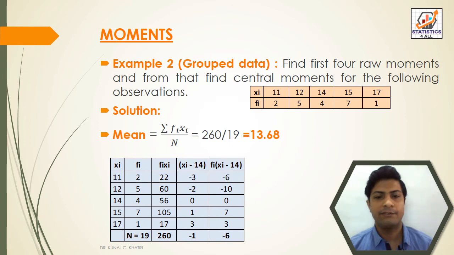After finding this value, we'll find Fi into Xi minus 14.